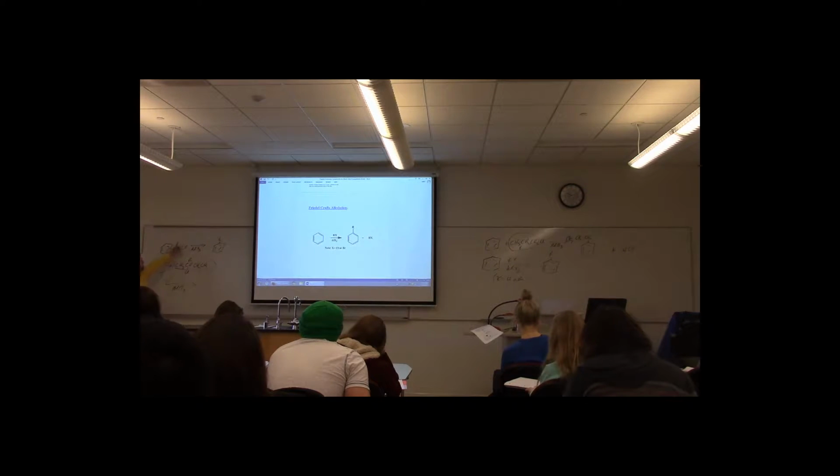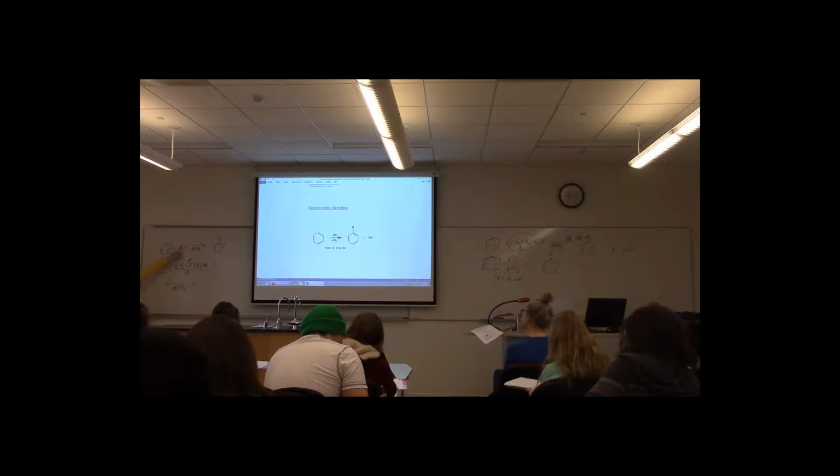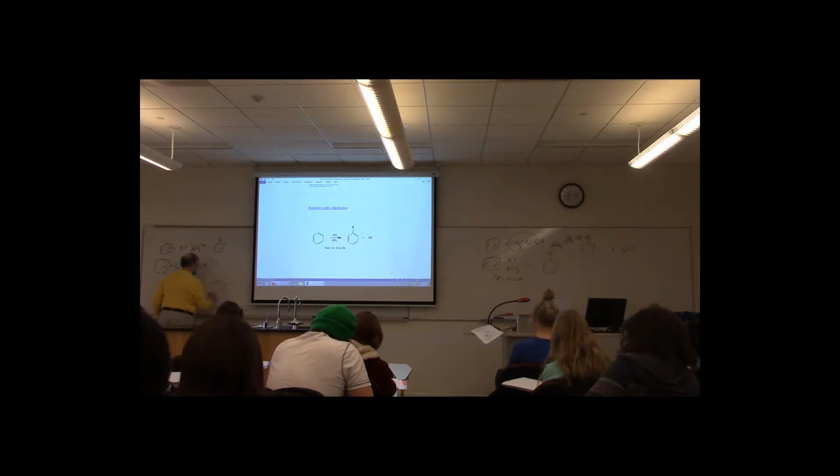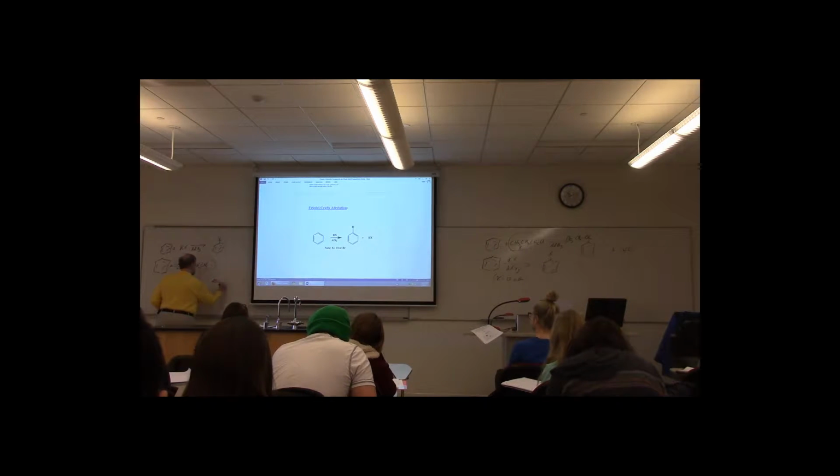Remember, the bond from the benzene ring to the R group is to the carbon on the R group that has the halogen. So if I look at my general reaction, first of all, I'm going to have my benzene ring. And then it doesn't matter which carbon, but mostly you're going to put it on the top.